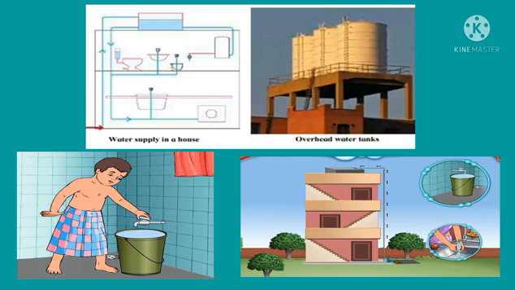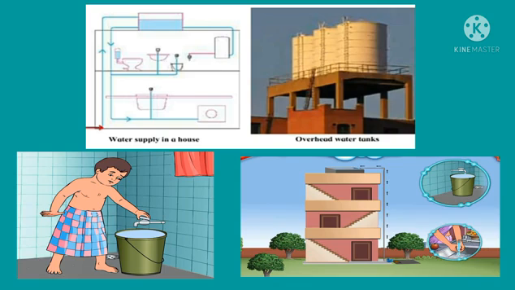Now students, in this picture, you can see large cement or plastic tanks, right? Large cement or plastic tanks are installed on the roofs of big buildings. Water from these tanks can be piped to the kitchens, bathrooms, and toilets in these buildings.